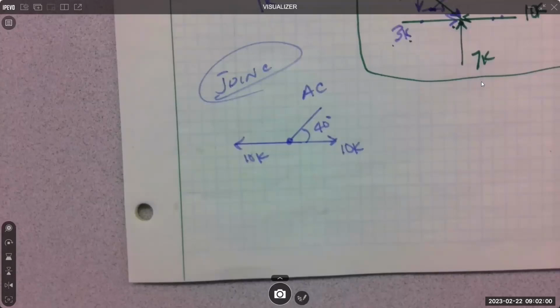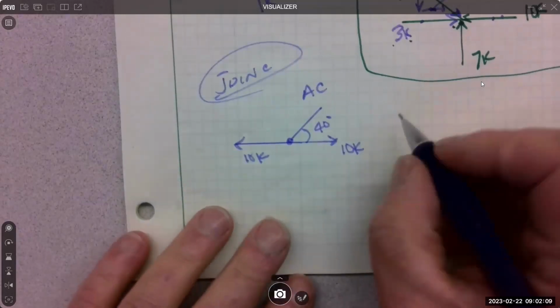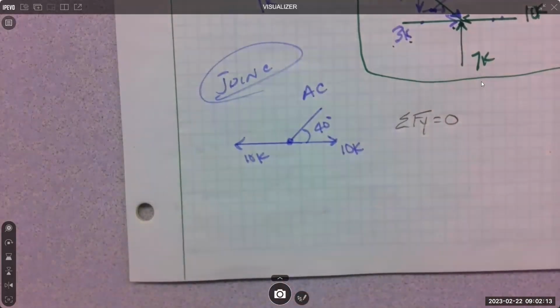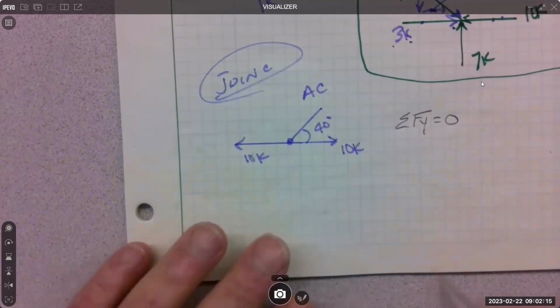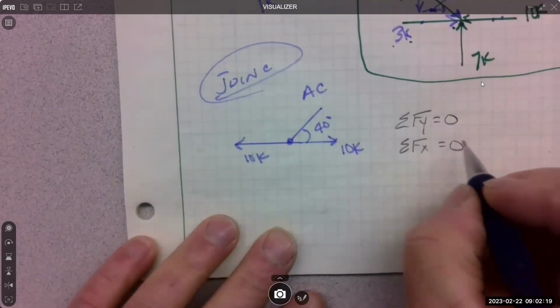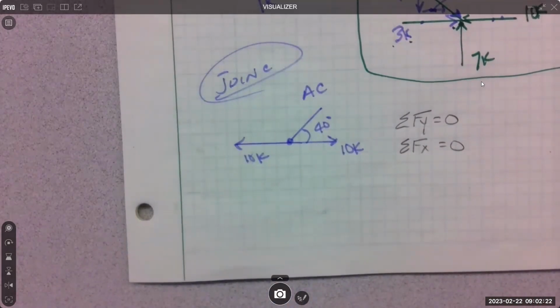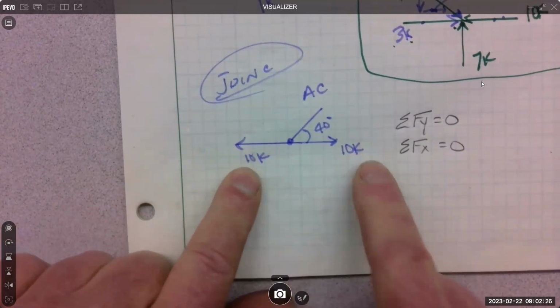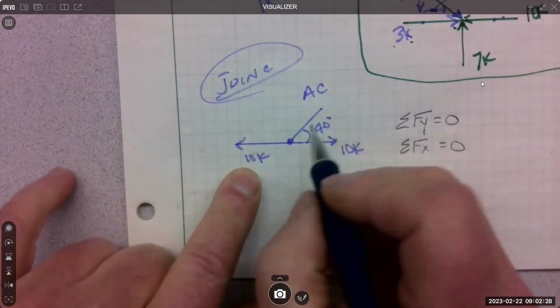Tell me about AC. It's got to be 0. Great question. How come? We know the sum of the forces in the Y have to be equal to 0. That's one of our primary equations. And the sum of the forces in the X have to be equal to 0. If the 2 X forces are 10 and 10, how big is this X force?